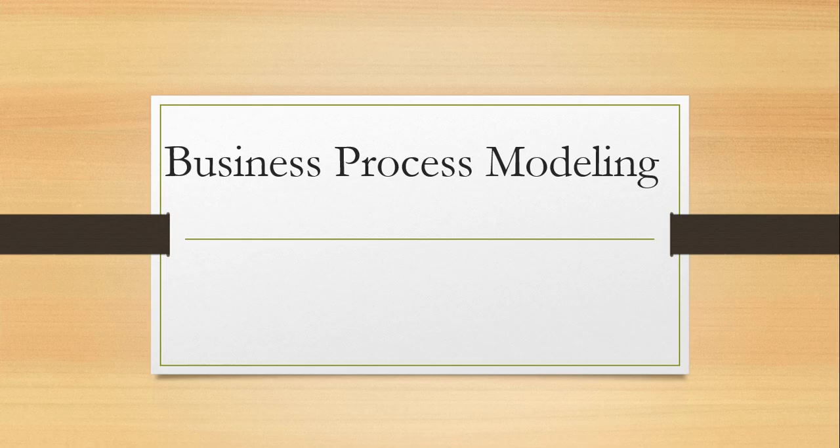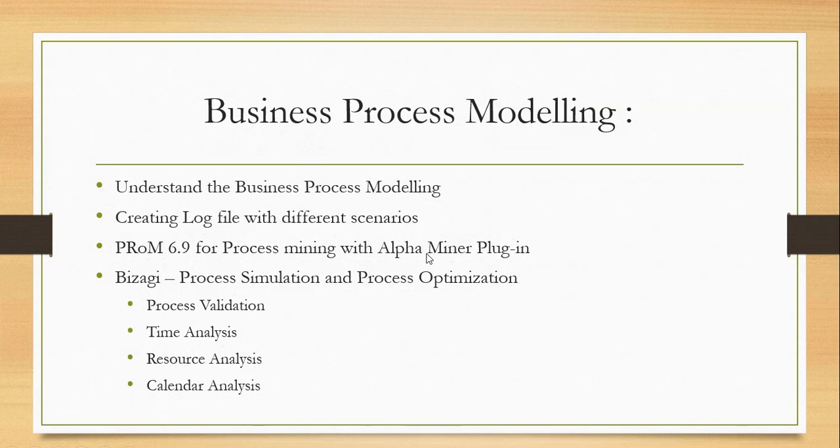So what are we going to cover in this video? First, we'll try to understand business process modeling and take you through some theory. After that, we'll create a log file and input it to the ProM software, which is a process mining software.